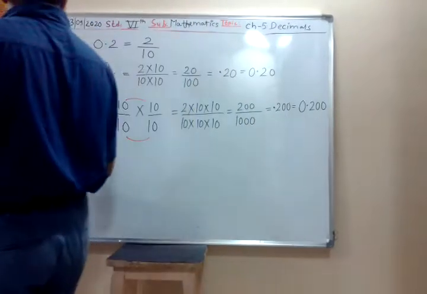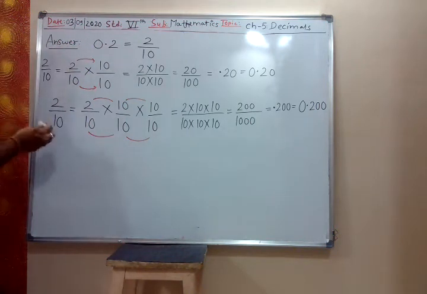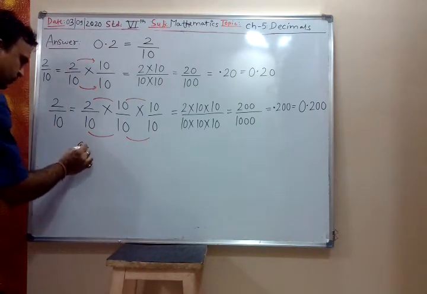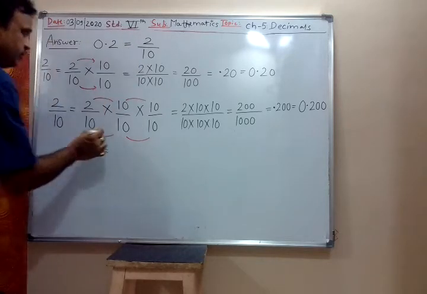So finally what we are getting? We are getting 0.2. What is 0.2? 0.2 is also 2 upon 10.